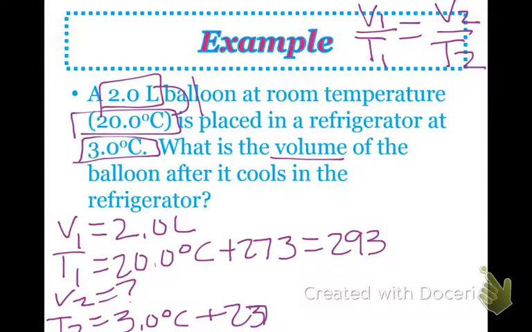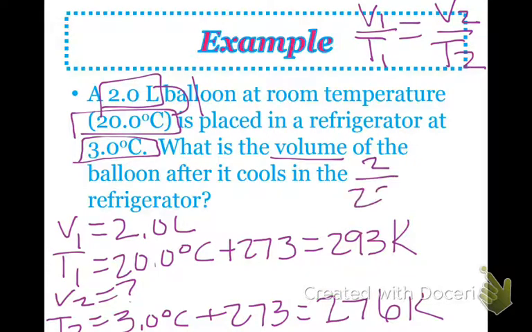Sorry, I can't write a 7 today. So that one's going to be 276. Okay, so there's all your numbers, because remember, these have to be in Kelvin before you can start. And then now you're just ready to plug. So 2 over 293 equals V2, we don't know, over 276.